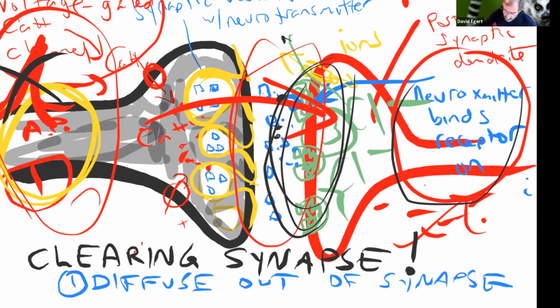You've got a bunch of neurotransmitter here, not a lot out there, so it's going to naturally want to diffuse away. Another thing that happens is sometimes there are enzymes that break it down. You can have enzymatic breakdown.